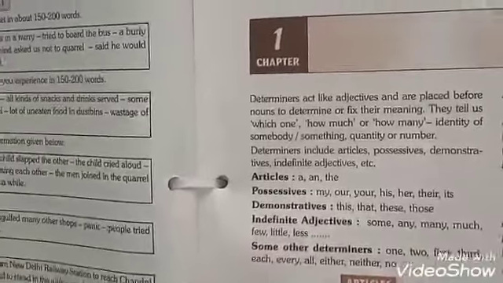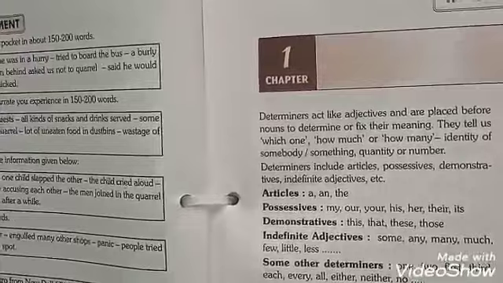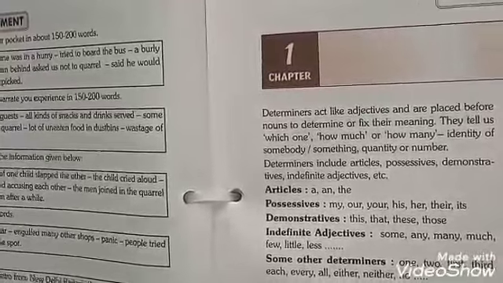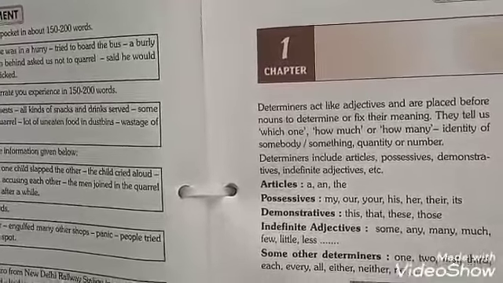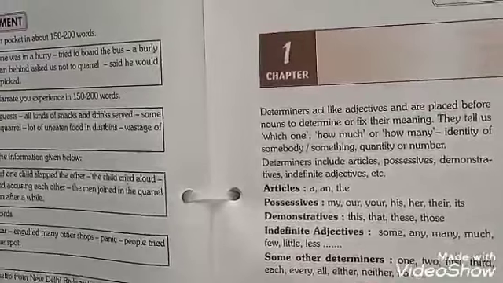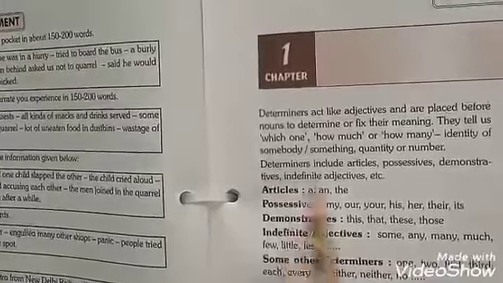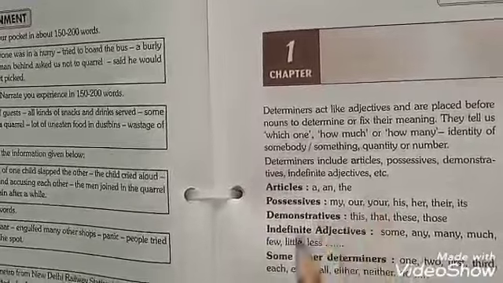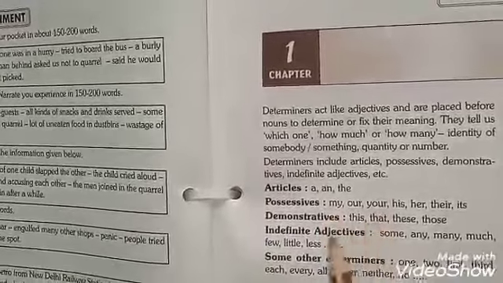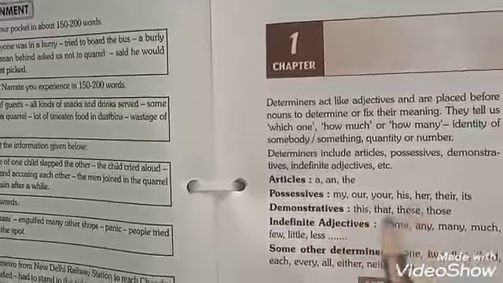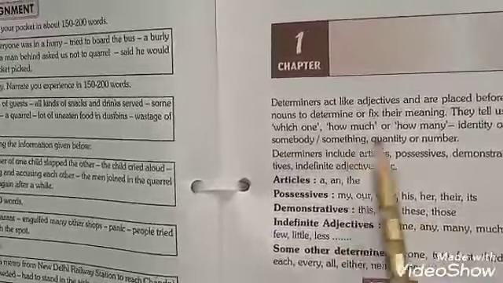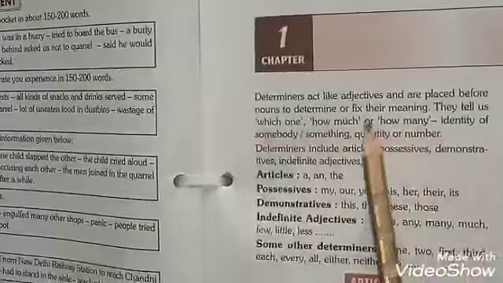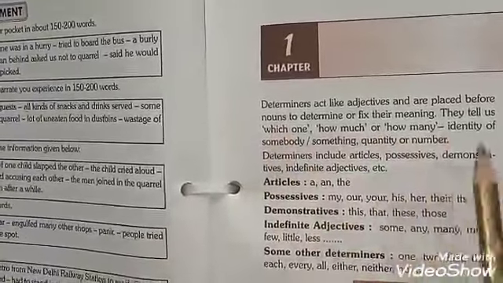Determiners act like adjectives and are placed before nouns to determine or fix their meaning. One thing is very clear, that determiners are placed before a noun, and sometimes words like an adjective or adverb come between that particular noun and the determiner.